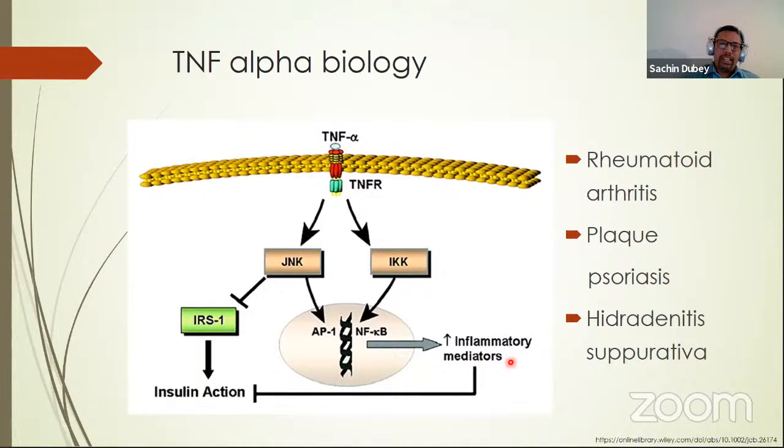Now, several diseases like rheumatoid arthritis, several types of psoriasis, and other autoimmune diseases are characterized by increased inflammation. And this increased inflammation has been associated in several diseases through the TNF alpha system or TNF receptor based system.